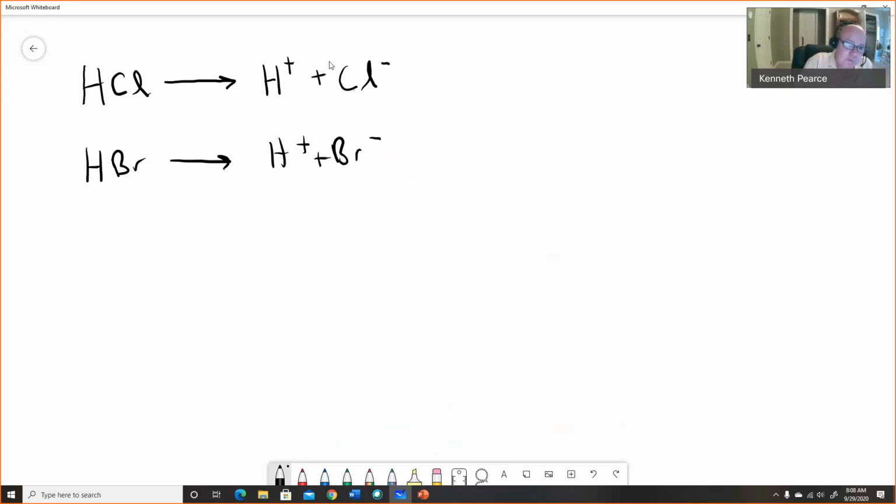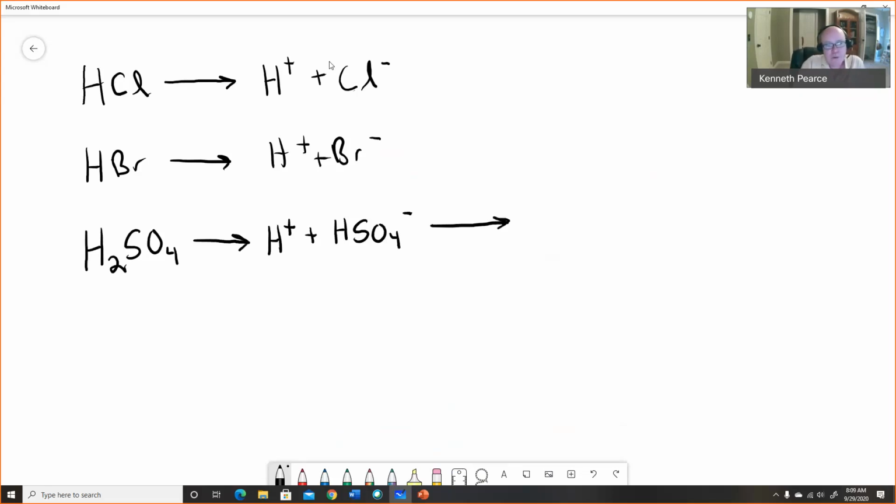Now, if it has more than one H in the front, let's say like sulfuric acid, it will actually produce one H+ at a time. The first H+ comes off and you have H+ and the bisulfate ion that's left over. That's the strong acid. And then that will dissociate even further to produce the second proton, which is what an H+ is called. And now you have the sulfate ion.